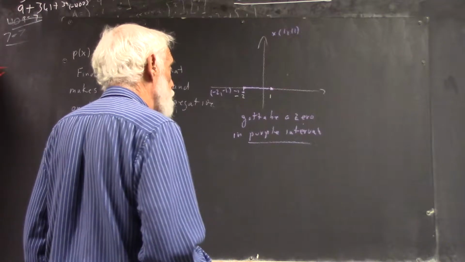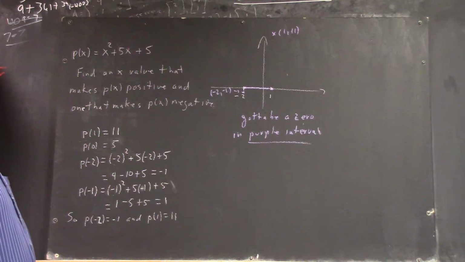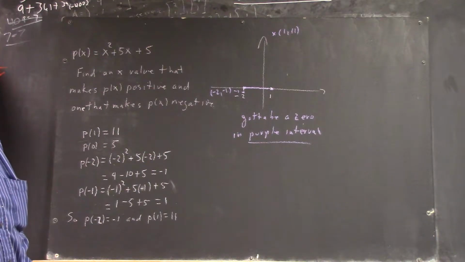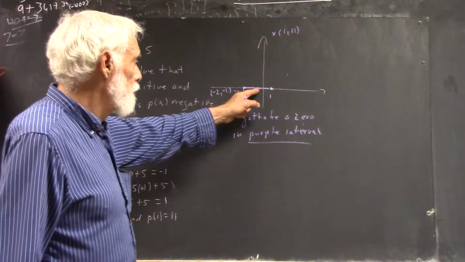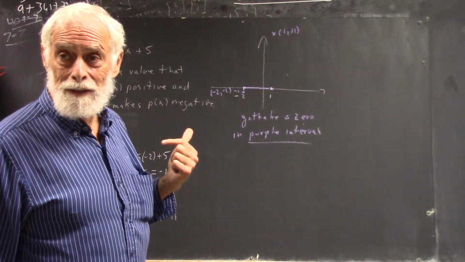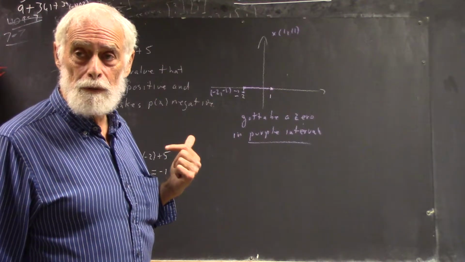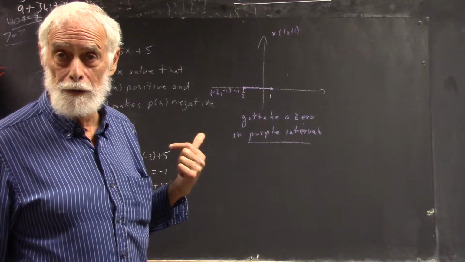So we're going to cut that purple interval. You can always cut it in half, but if you cut it in half, it's going to be a -1/2 here, and you're going to have to evaluate this function for -1/2, and you might want to avoid having to evaluate it at a fraction until you really need to.